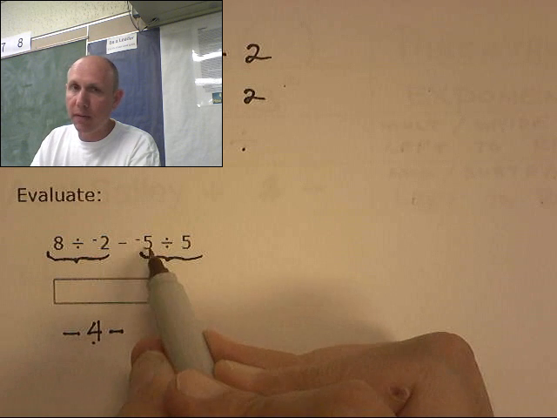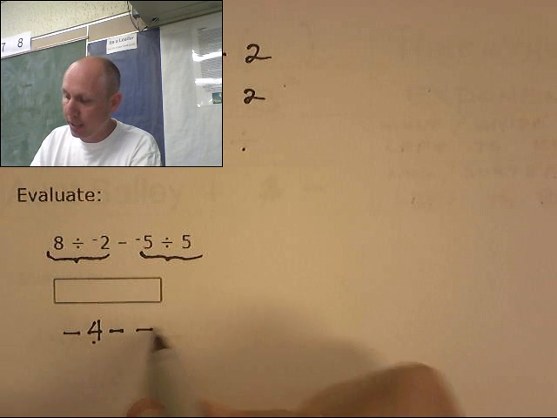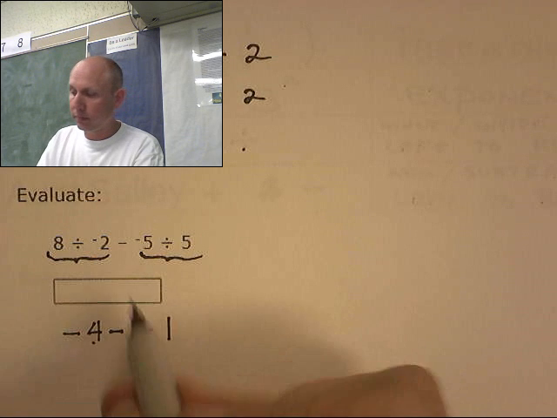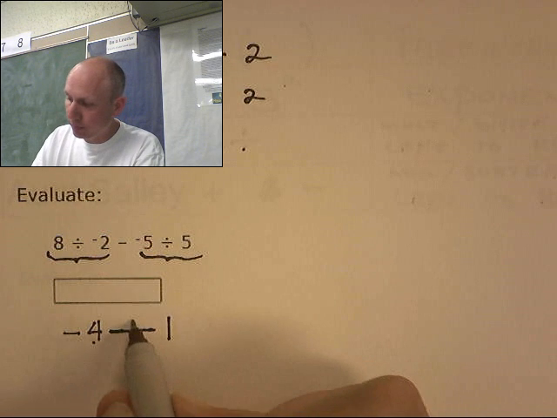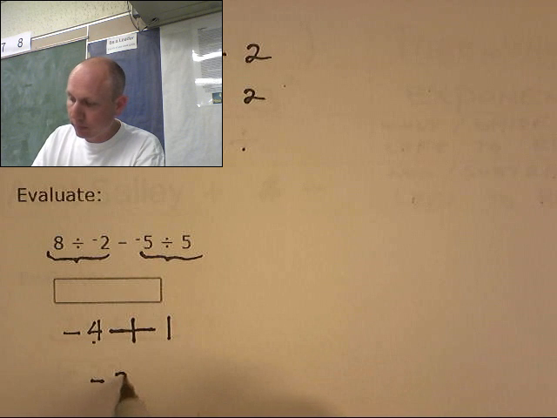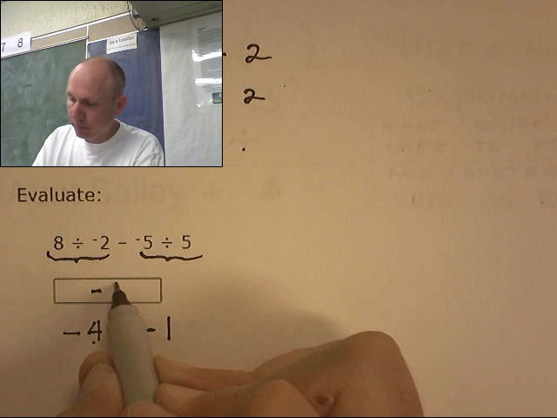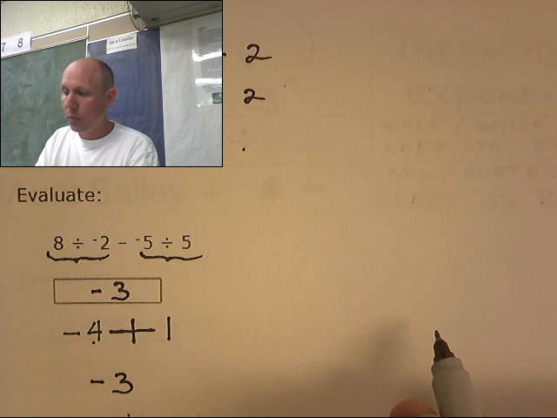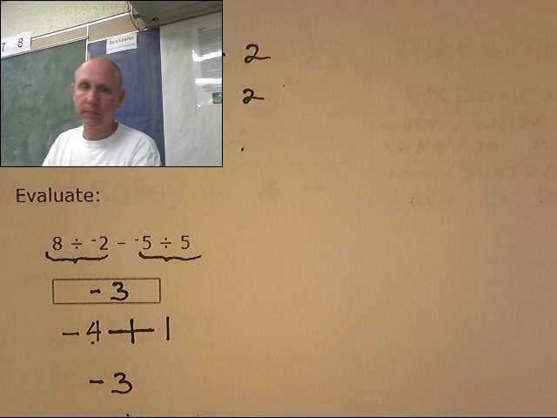Well, 5 divided by 5 is 1, but it's a negative 5, so it's a negative 1. Now let's do the boom boom. And we end up with a negative 3.